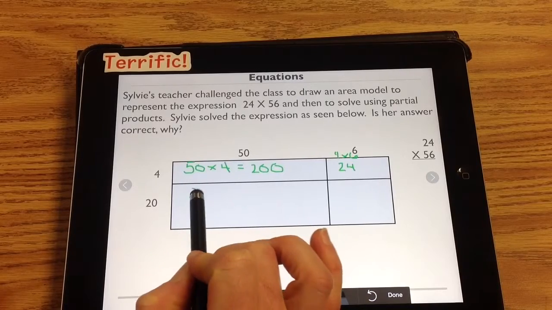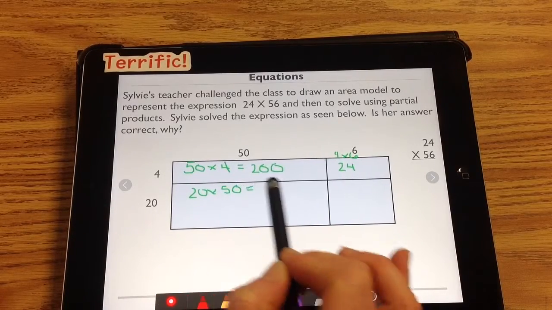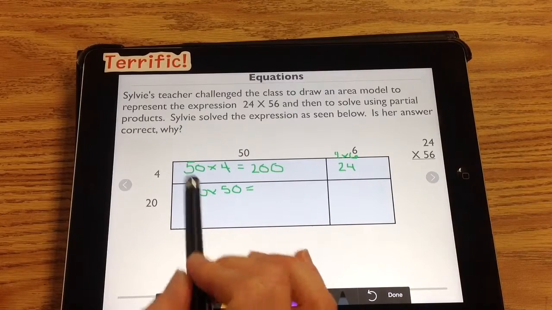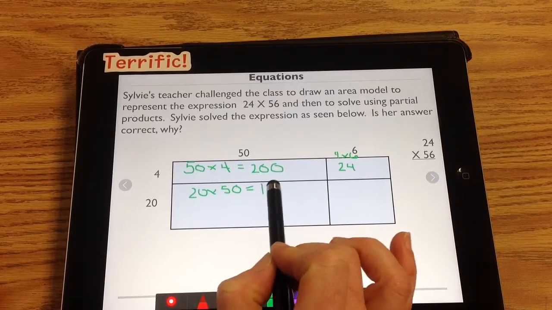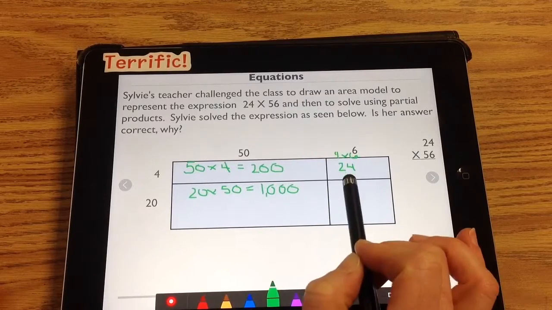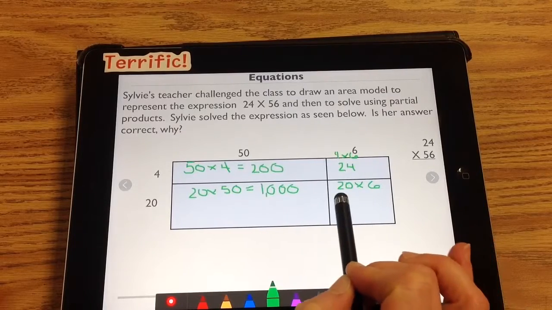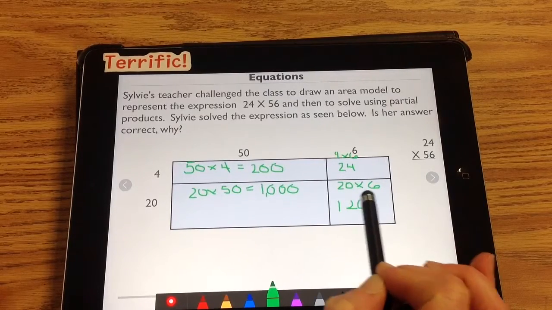Here she would have asked herself 20 times 50, or 2 tens times 5 tens, which is 10 hundreds, and 20 times 6, or 2 tens times 6, which is 12 tens.